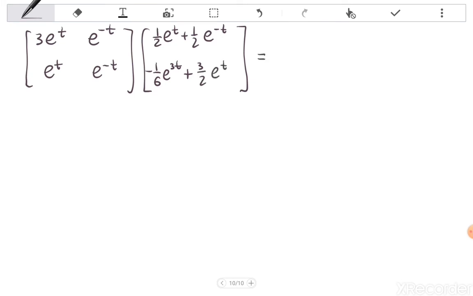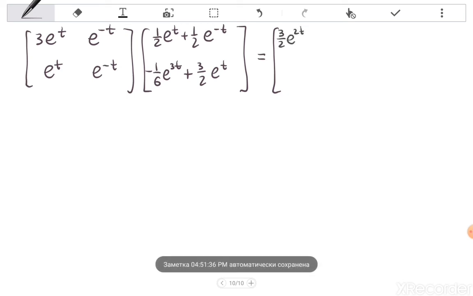So when we multiply, we get a vector again, and the first component, this times this, right? So let's multiply 3 e to the t times the first component of the vector. So we get 3 over 2 e to the 2t plus 3 over 2.